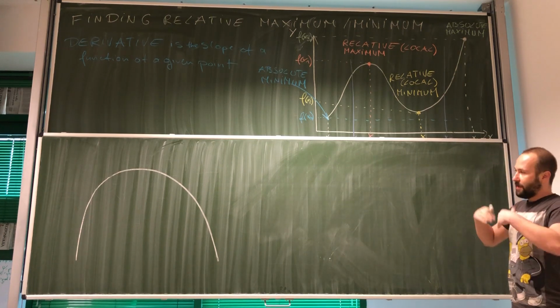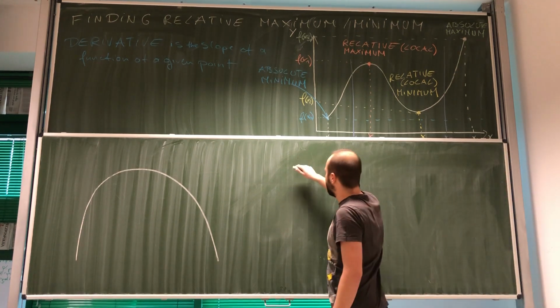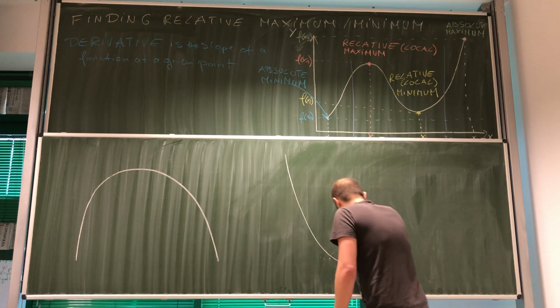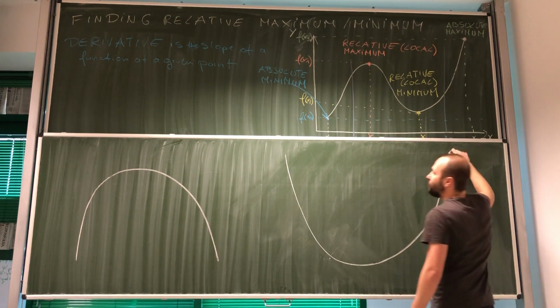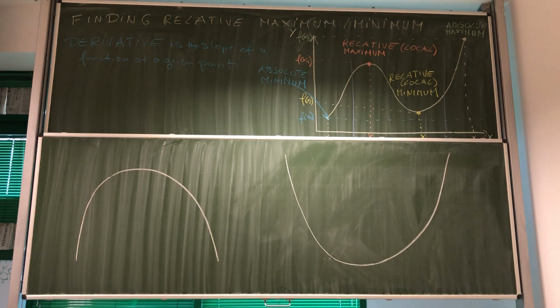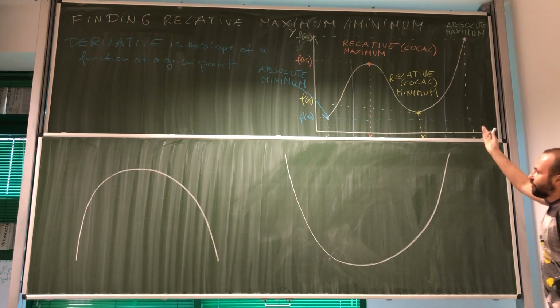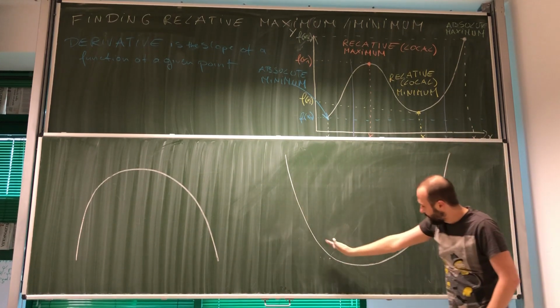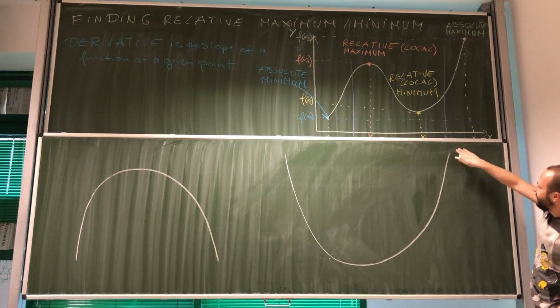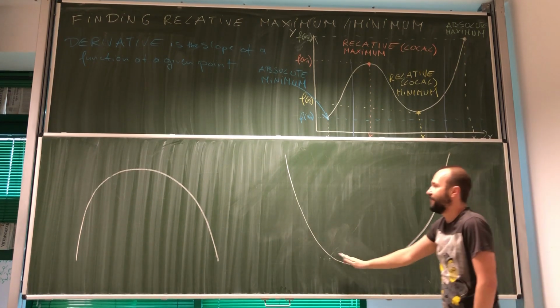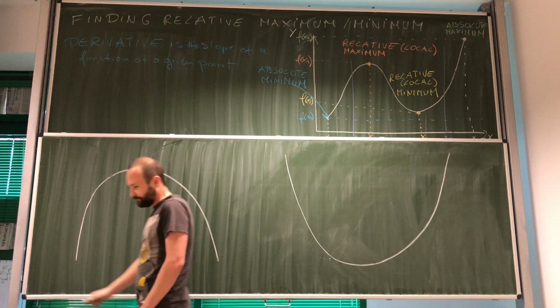Okay, now, how does the minimum look like? Relative minimum will look like this. You can think about minimum as a valley, right? Between some two hills. Now, it also needs to be very, very slick in the sense that it doesn't have sharp edges.